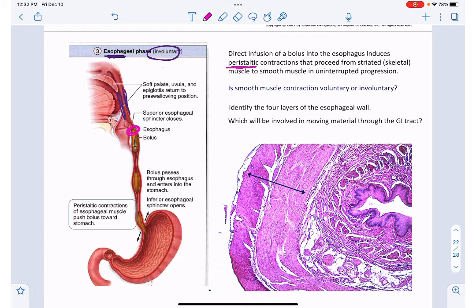It's going to trigger a series of peristaltic contractions involving the smooth muscle layer of the esophagus. And that is going to propel that food bolus all the way through the esophagus into the stomach.